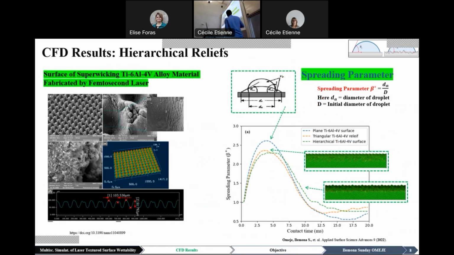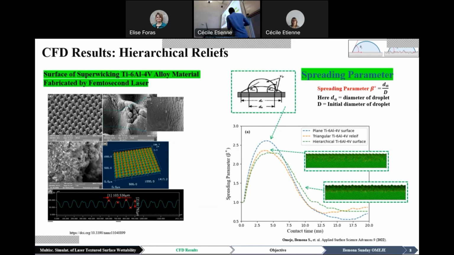So we carried out our wetting study on a titanium alloy material fabricated by femtosecond laser. This material is quite interesting in dental implants. What we did is create a triangular relief on the material and a kind of hierarchical relief on the material, and we carried out the wetting test on the plain titanium surface, the triangular titanium surface, and the hierarchical titanium surface.